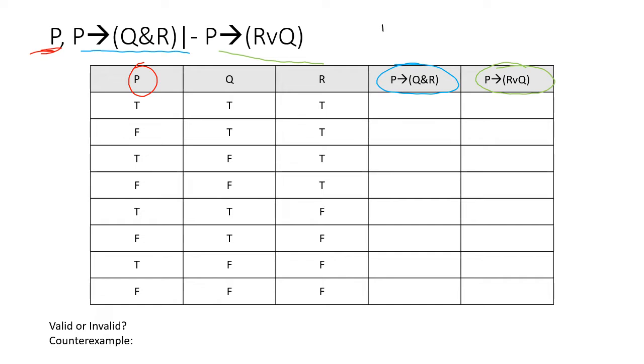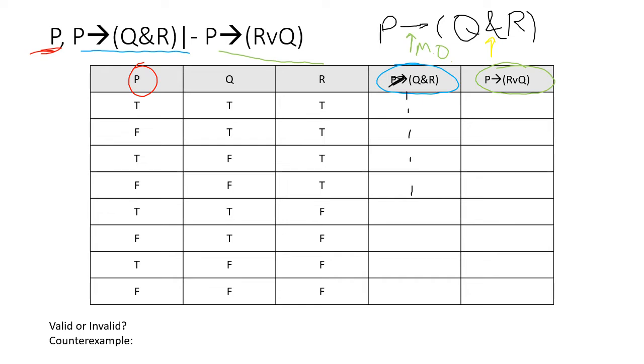So here we've got two operators, and we can tell that the ampersand being inside the parentheses, we've got to do that one first, making our arrow our main operator. So we have to do the main operator second. Let's ignore the P arrow for a second.